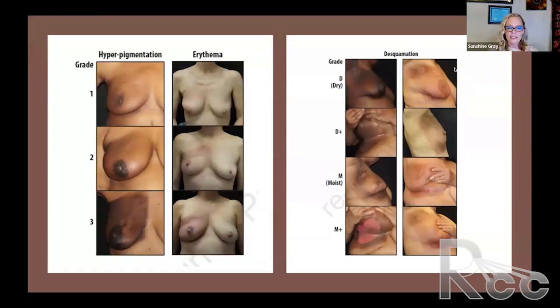And for the evidence, I tend to use something called UpToDate. I don't know if you have access to that, but any resources that you have that have peer-reviewed, evidence-based information is going to be a good resource for what has changed, because there are constantly clinical trials and studies going on about what's best to do for radiation dermatitis.